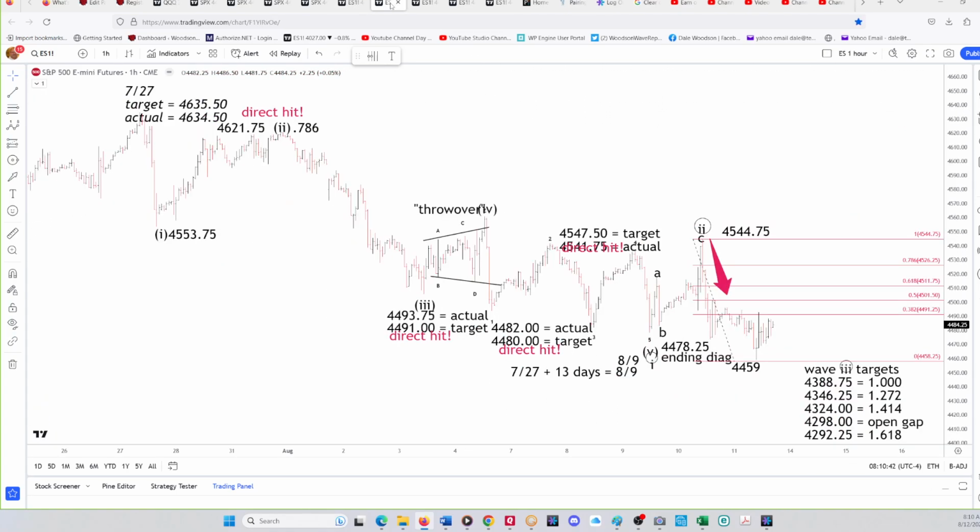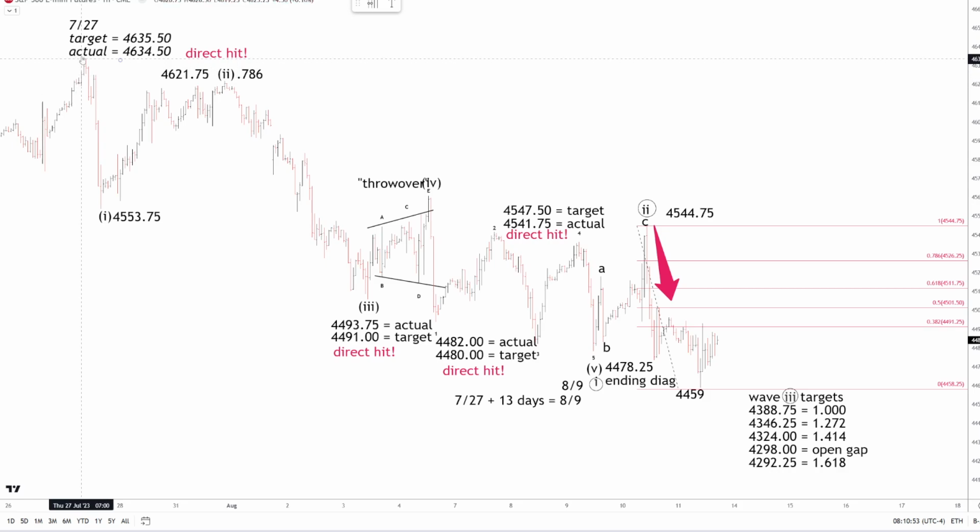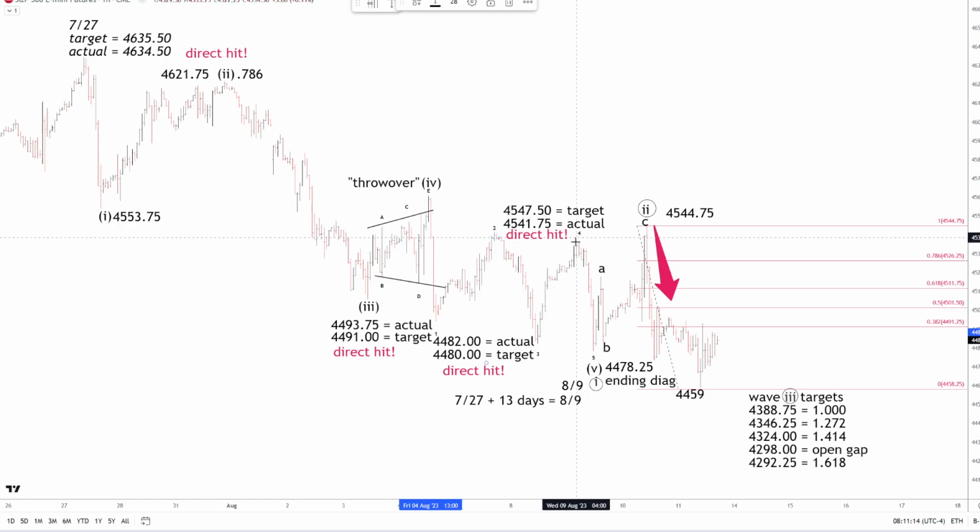Okay, let's get into this hourly chart. I'm going to make this a little bigger so we can see, there's a little congestion here. There we go. There's the B wave high. We've got a 1 down, a 2 up. There was a direct hit on that B wave high, and then we've got wave 3 down, wave 4 with a throw-over, and then 5 ended up being, this was a little complicated, but these are small in here, but you see a 1 down here, a 2 up there, a 3 down here, a 4 there, and a 5.